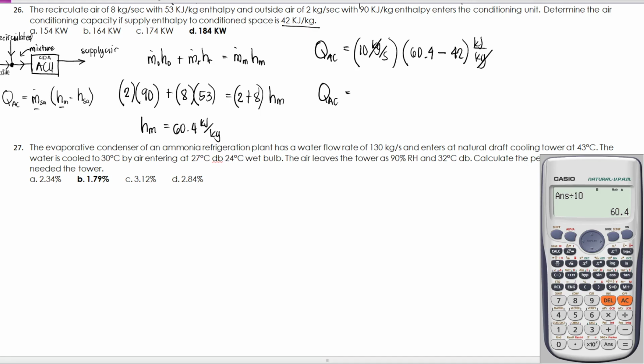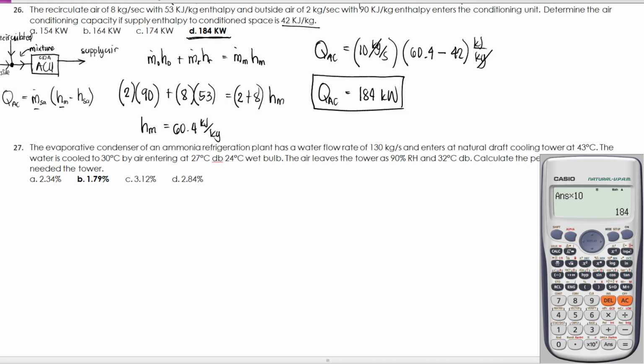So, 60.4 nasa calculator natin, i-minus natin yung 42, then multiply natin yung mass natin. So, sakto ang QAC or air conditioning capacity 184 kilowatts, which is letter D. At tama naman din sa ating binigay na answer.